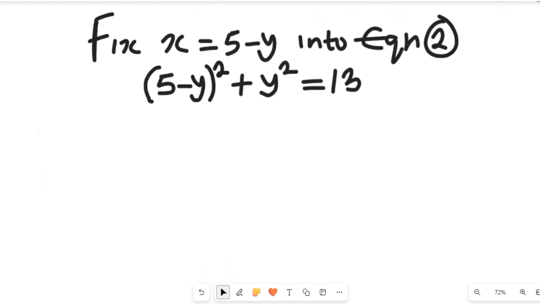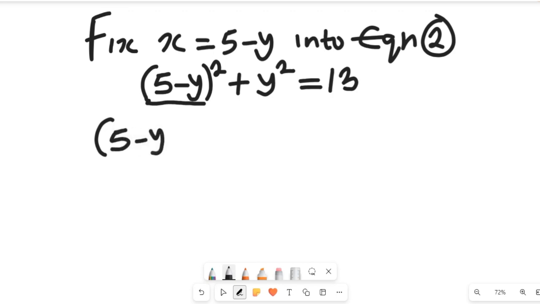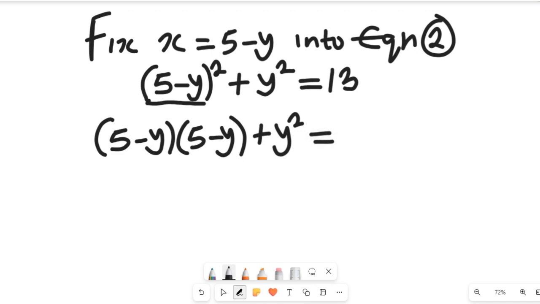We expand this to give us 5 minus y, because it's squared, plus y squared, equal to 13.